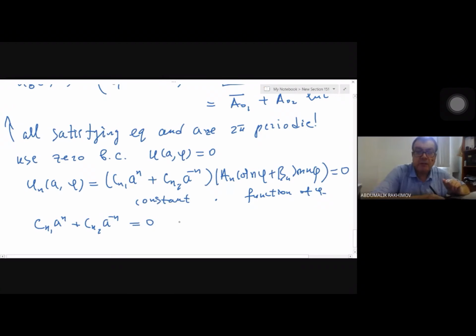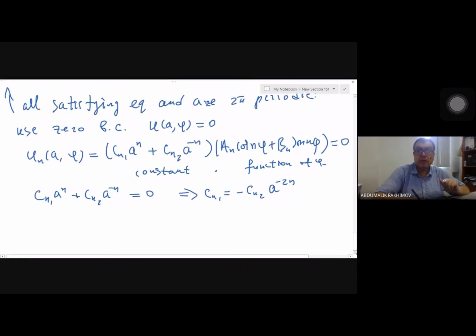From this we can find the relation between C1 and C2. It follows, for example, that Cn1 is equal to minus Cn2 A power minus 2n, if you divide by A to the n. Clear? We find the relation between C1 and C2.